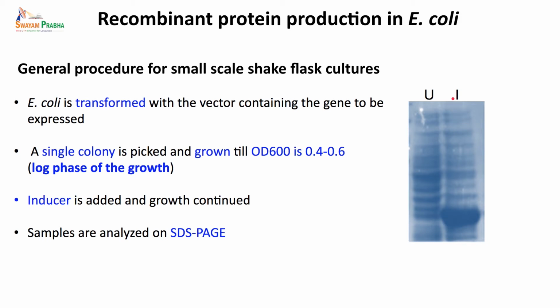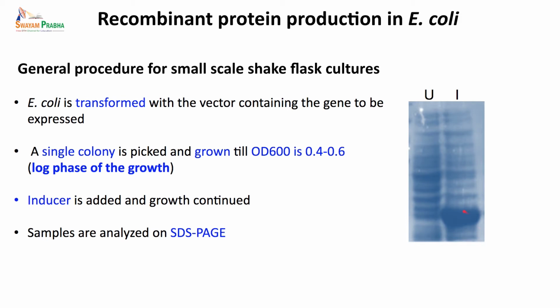Now if you compare all these other bands, you can see they are more or less the same pattern, similar almost in amount. But then you see this big blob here, and this is not present in your uninduced culture. So this is the overexpressed recombinant protein that you have induced to be expressed from the vector.